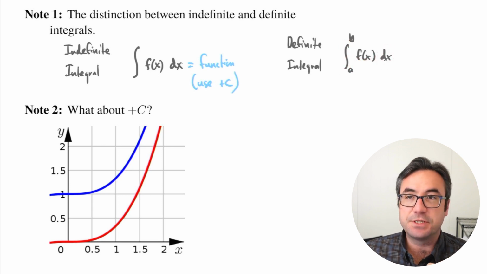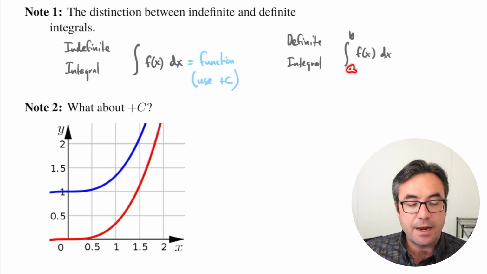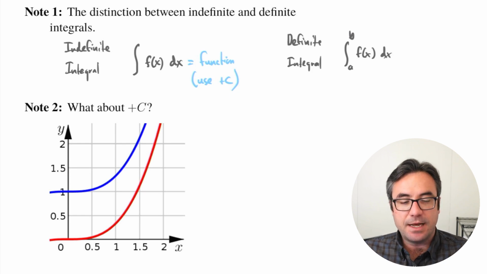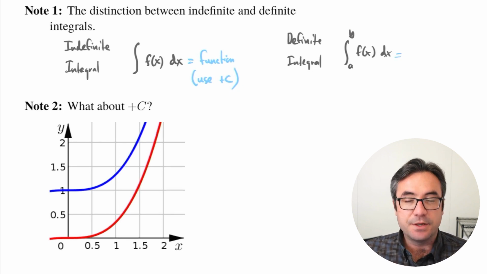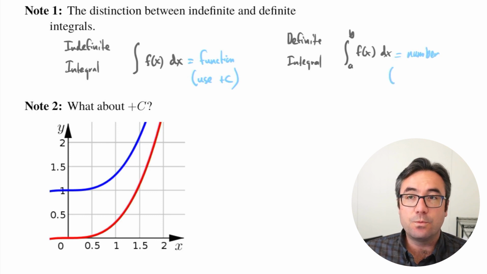We have our differential dx telling us what variable to integrate with respect to. But now we're going to have these limits of integration on our integral sign. And that's telling us that when we do this, the result should be a number. So we should get a number as our answer. And when we do our work for definite integrals, we don't have to use plus c.